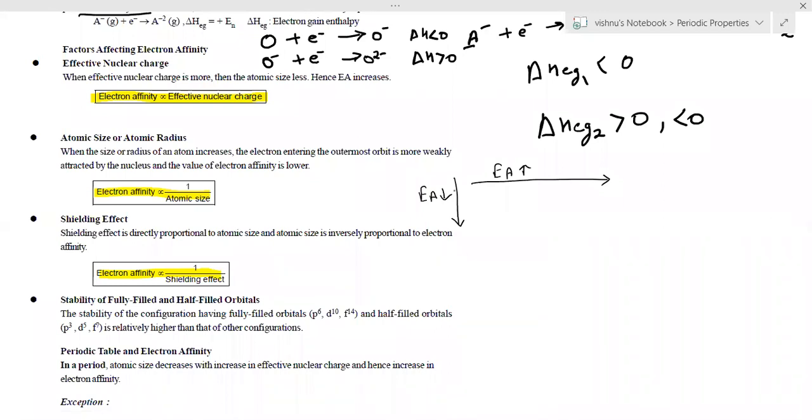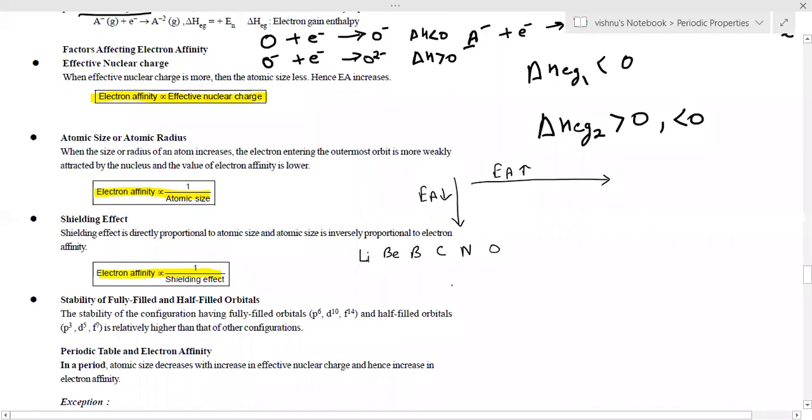But when we talk about elements of the second period, just see the elements of the second period. So we have lithium, beryllium, boron, carbon, nitrogen, oxygen, fluorine, and neon.